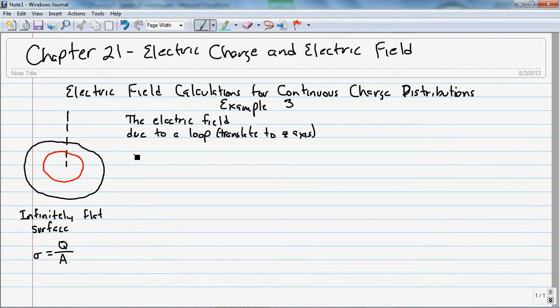That formula is E equals 1 over 4 pi epsilon naught, Q times x over the square root of x squared plus a squared, cubed.